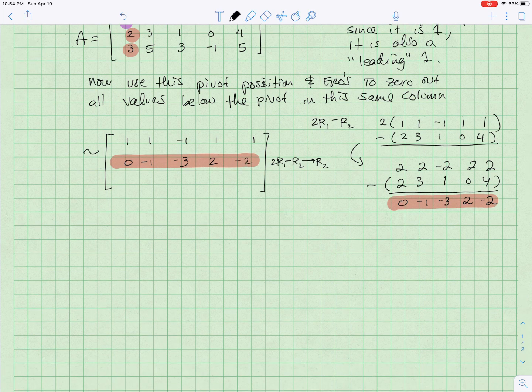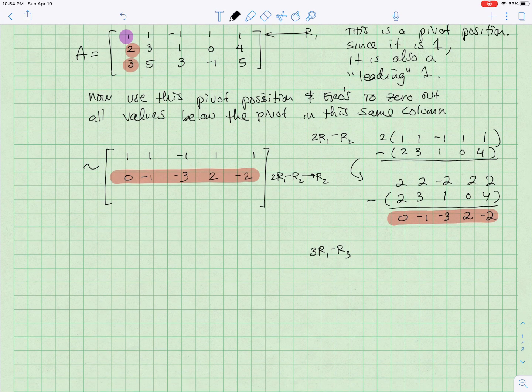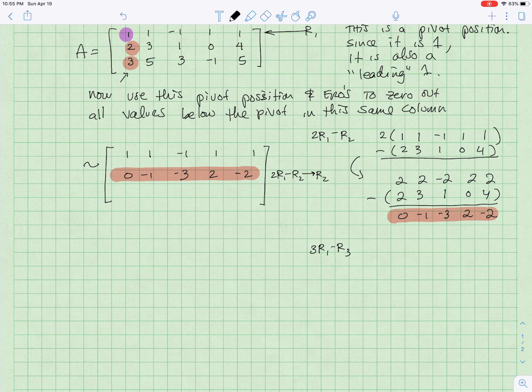Now I'm also going to take 3 times row 1, and I'm going to subtract row 3, because my pivot position is a 1, and underneath that in row 3 is a 3. If I do 3 times the top row and subtract the bottom row, I'll get a 0 in that position right here. Let me just do the arithmetic here.